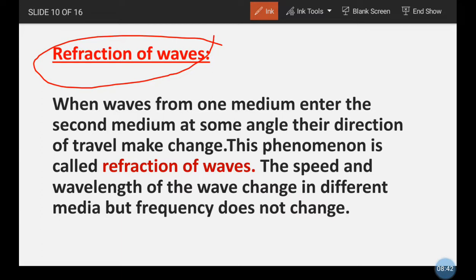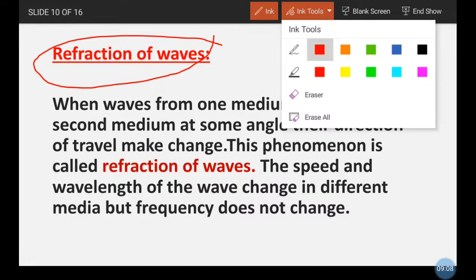Or I can say that when waves enter from one medium into another medium, then they bend from their path. This phenomenon is known as refraction of waves.